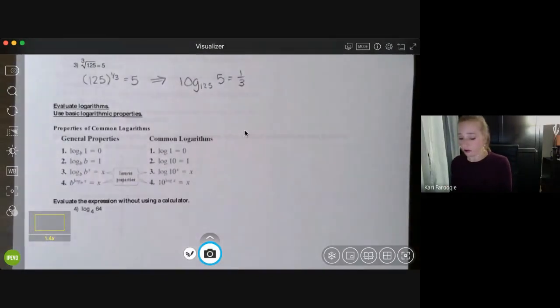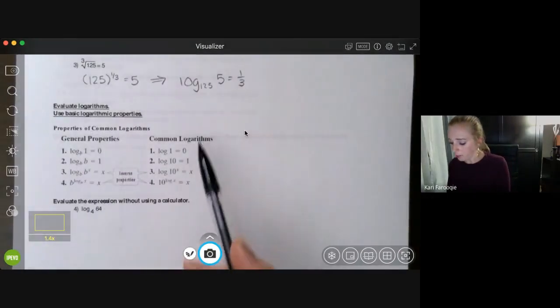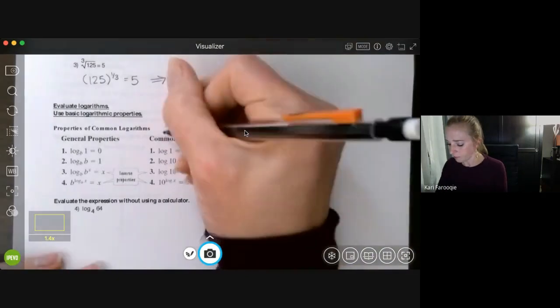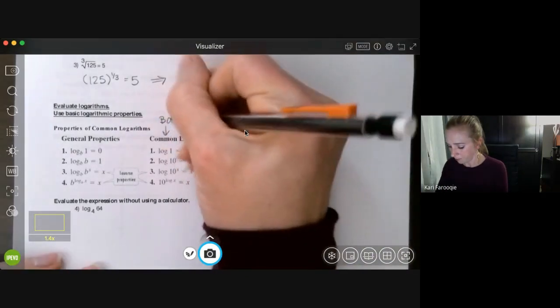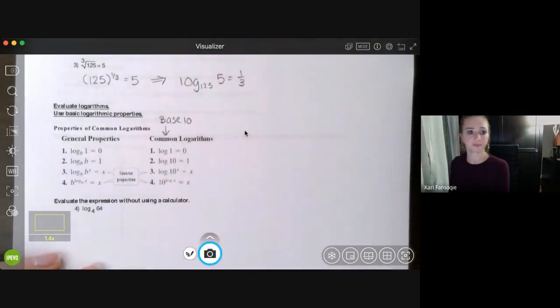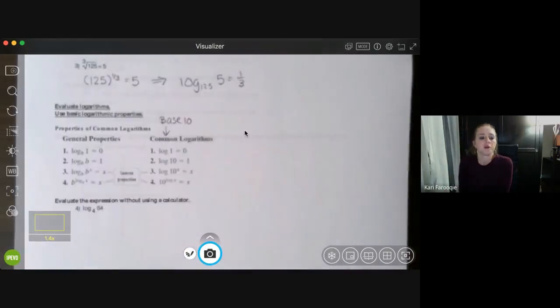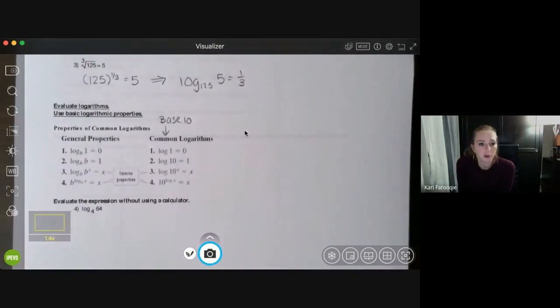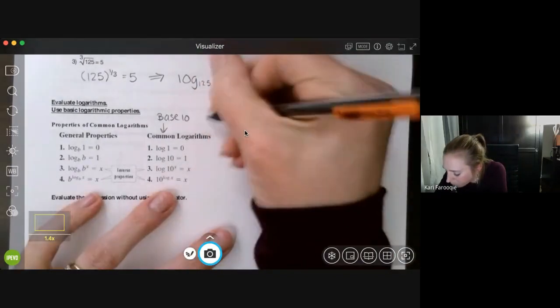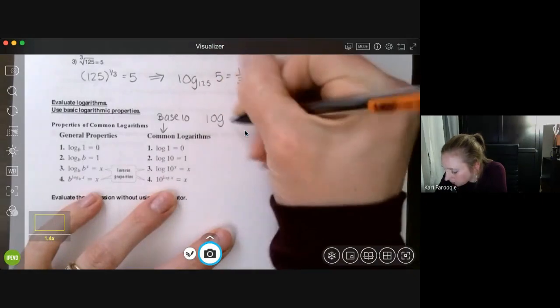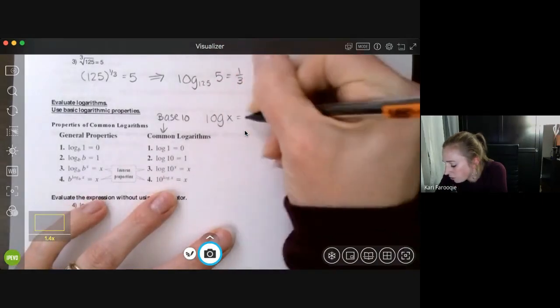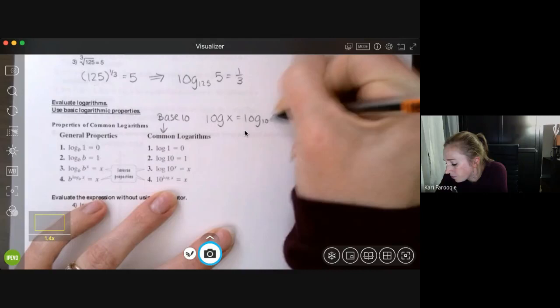And then these are general properties. A common log is a base 10 log. You have the same properties. This time, when it's log base 10, the base is not written. So log of x really means log base 10 of x.